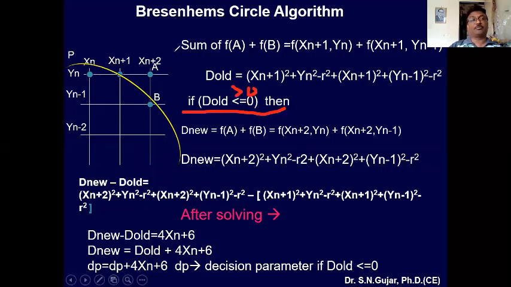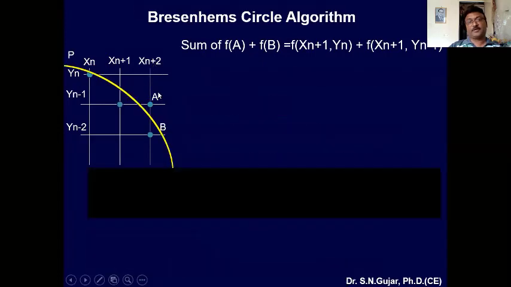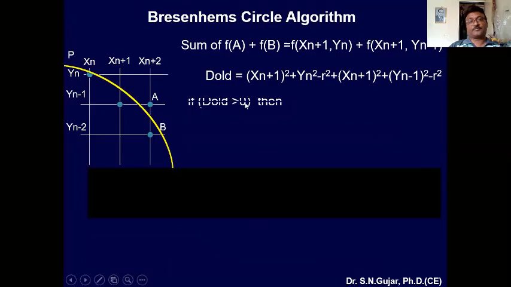So that time what can you do? See, that time this is my d old value, and suppose this is greater than 0. Understood? In the previous slide it was less than or equal to 0, here greater than 0. Suppose greater than 0, so I have already selected which point? This one point.